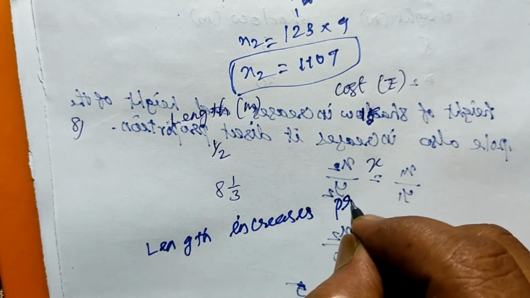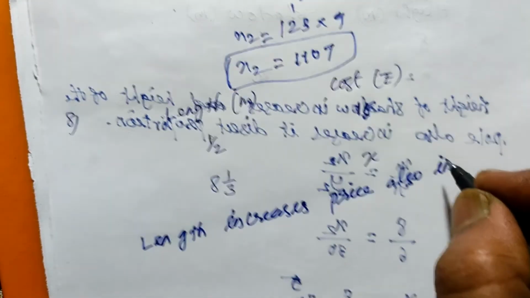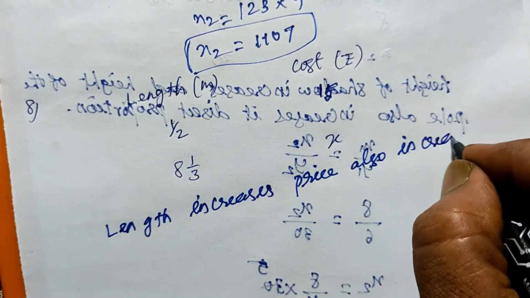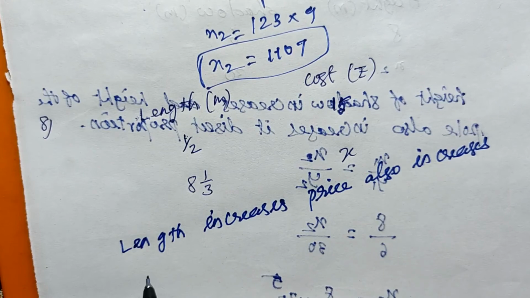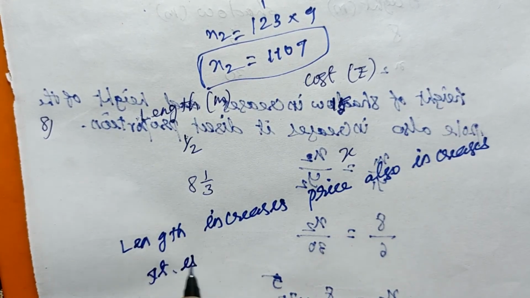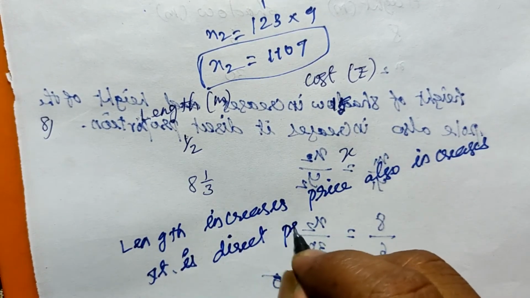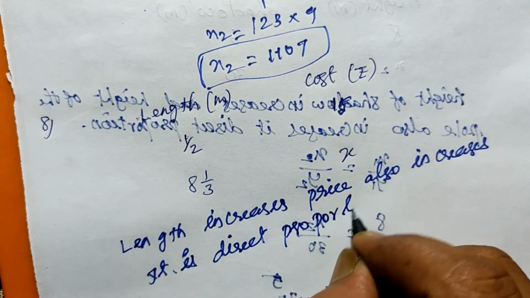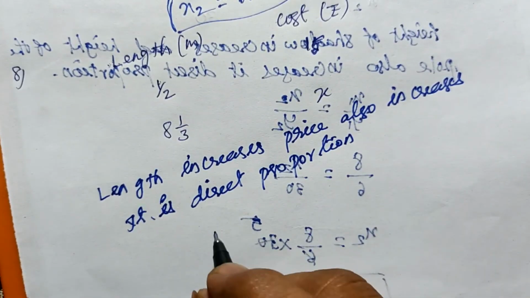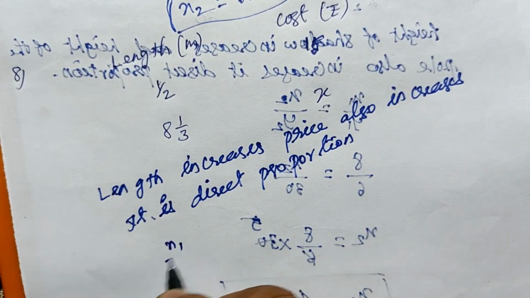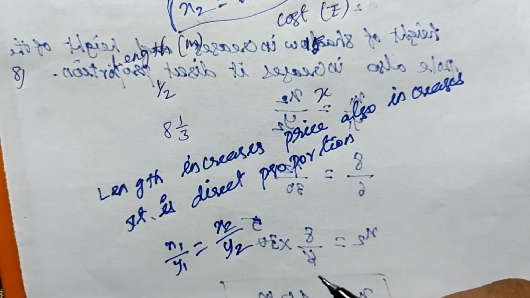Price also increases. It's direct proportion. Right. So what is that? x1 by y1 equal to x2 by y2.